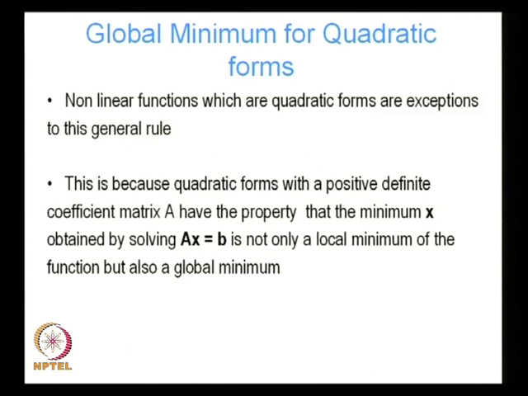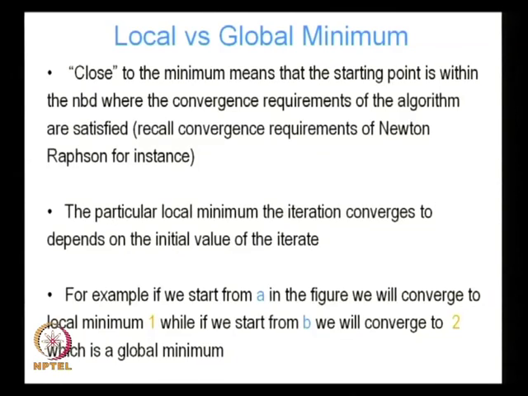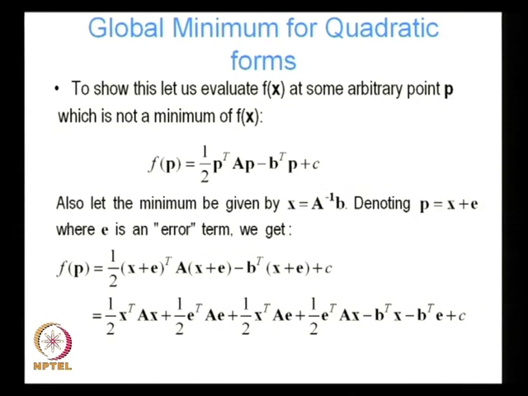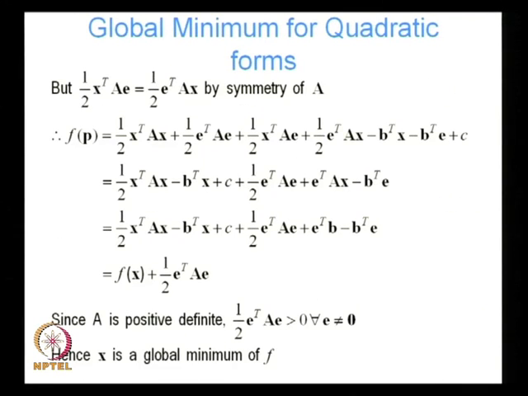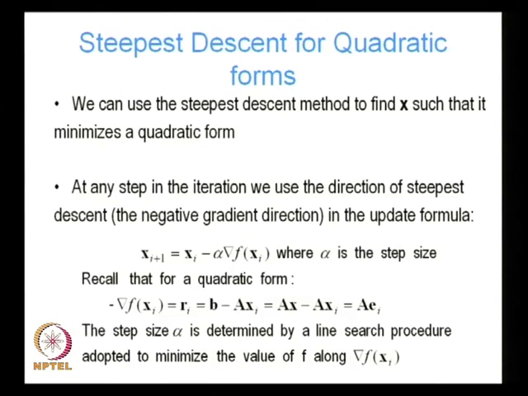Where did we see that? Or we probably did not see that, but it should be obvious to you. We did see that somewhere, but anyway, let us not worry about that right now. So, gradient of f of xi is equal to b minus a xi, right, which is, by definition, the residual. When xi is equal to x, then the residual becomes 0, right.